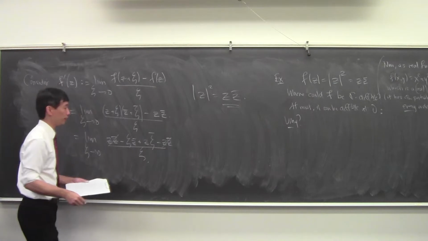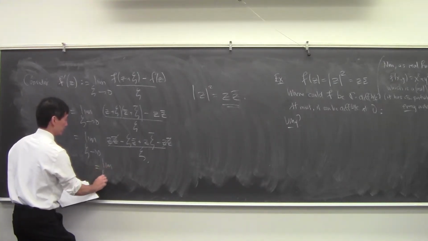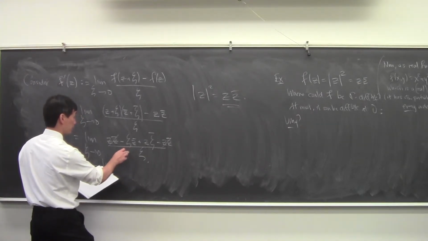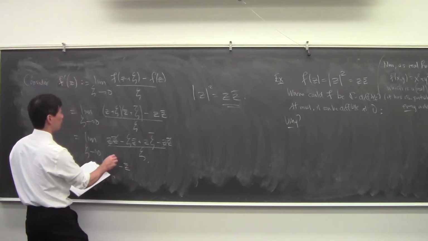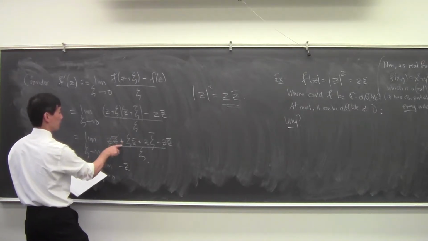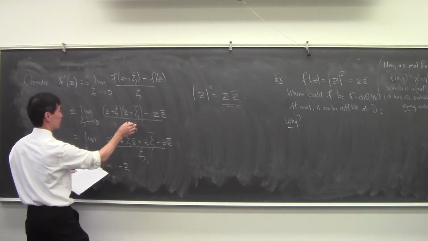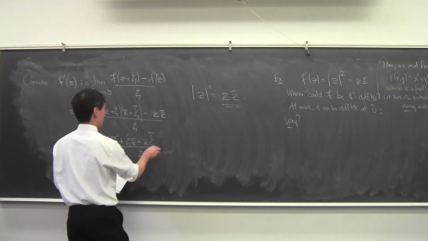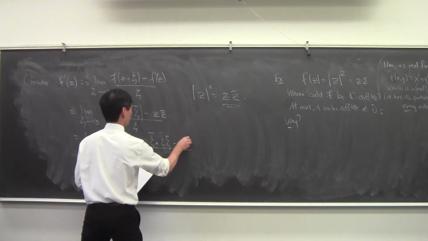These guys cancel off, and we end up with the limit as zeta goes to 0 of... wait, what am I doing? This should be a plus. And I'm missing something. Okay, plus zeta bar minus z bar.